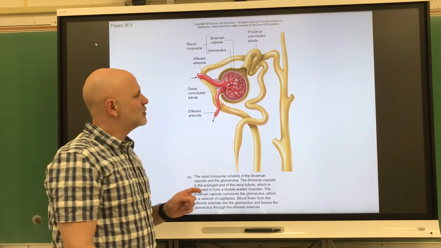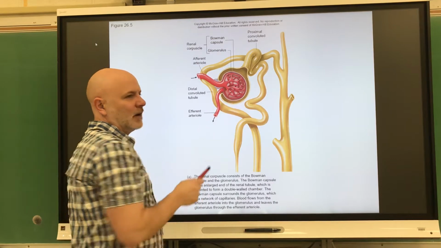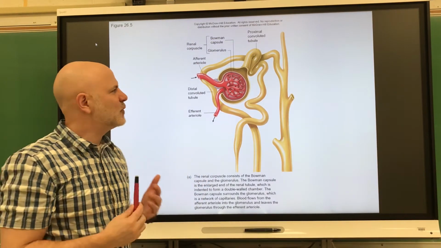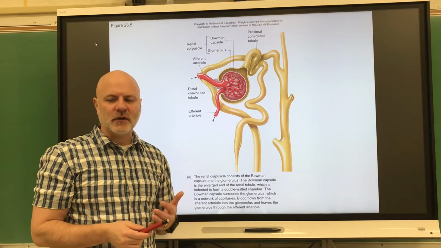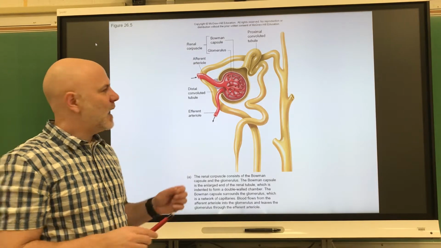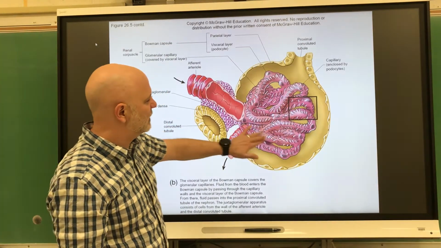There are two parts of the renal corpuscle. One is the glomerulus, shown here. This is a capillary tuft within the renal corpuscle, and this is where blood filtration is going to occur. This is where we're going to filter our blood. If we go to the next picture, this is showing a much higher magnification of the glomerulus.